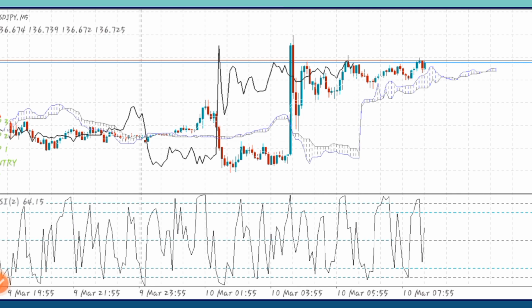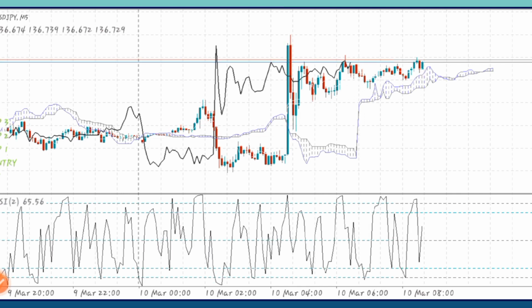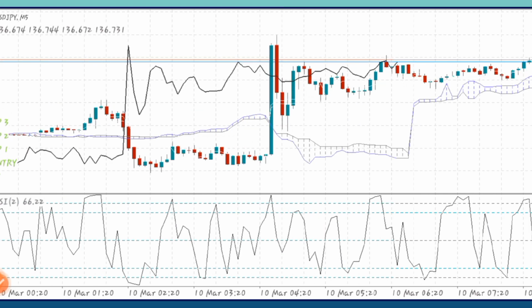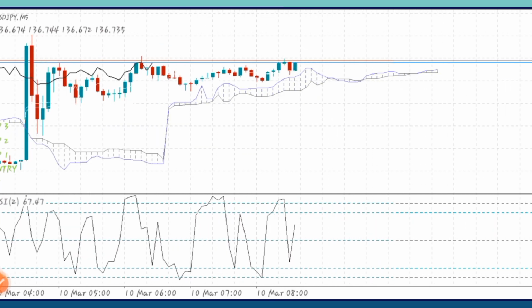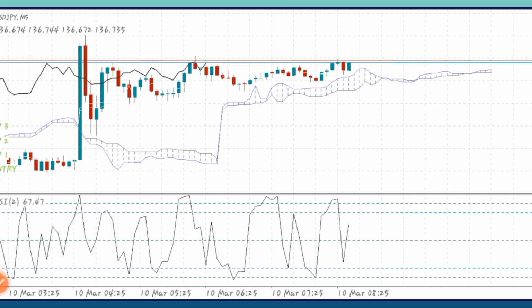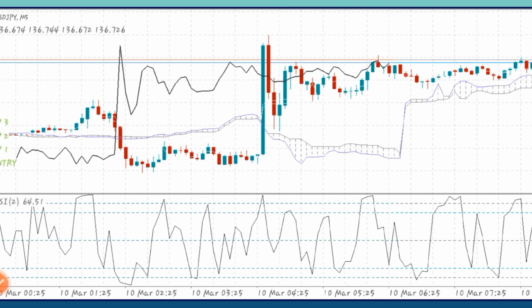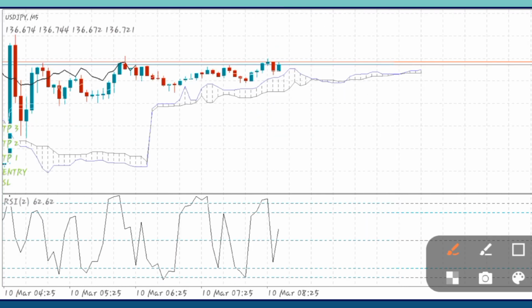Alright, having done this, I will go to the time frame because I cannot use the 5 minutes time frame to analyze the market. It will be too noisy. So you can see at the top left corner of the screen, it's on USD JPY 5 minutes time frame, so I'll change it to 30 minutes time frame.